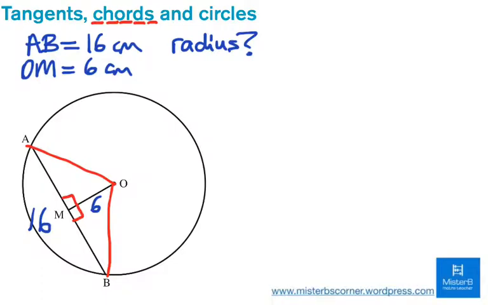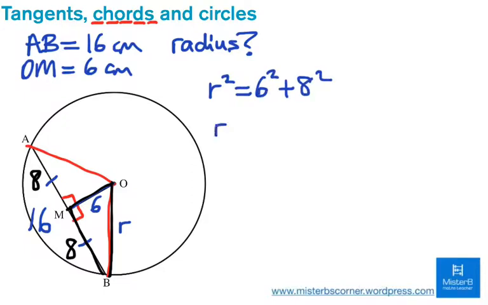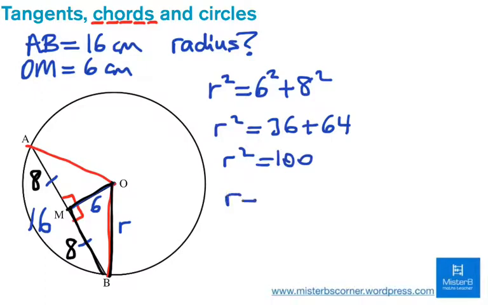Now, you should remember here that OM bisects AB, so these are equal, hence you should have each one of these to be 8. So, taking this triangle, you can use Pythagoras, saying, let's say this is R squared equals 6 squared plus 8 squared. So you're going to find R squared to be 100, and taking the square root, you'll be finding R to be 10 centimeters.